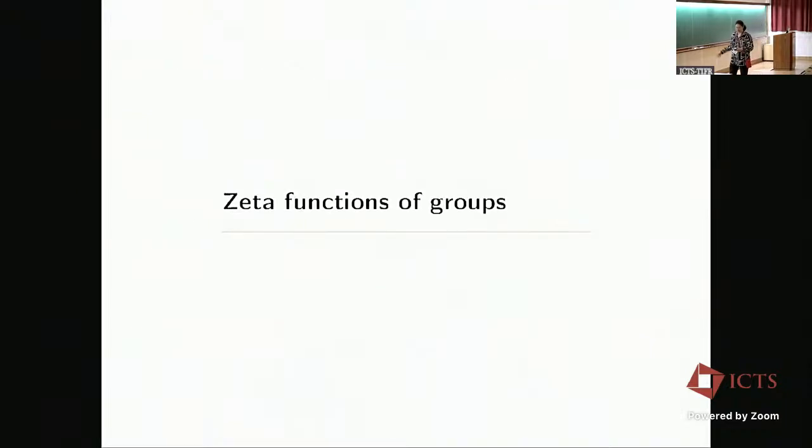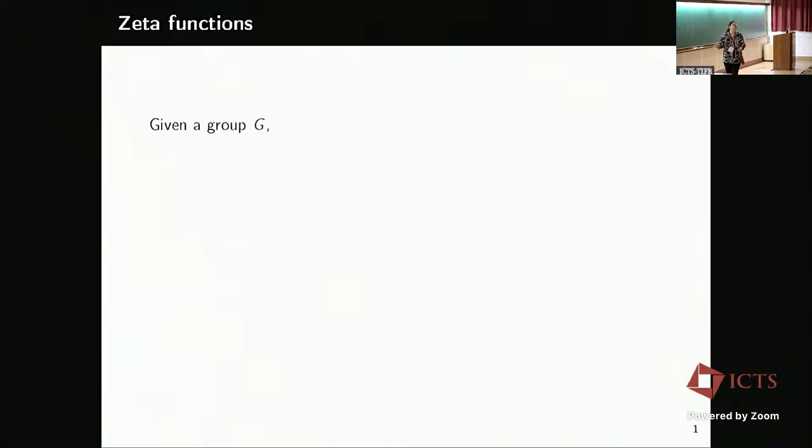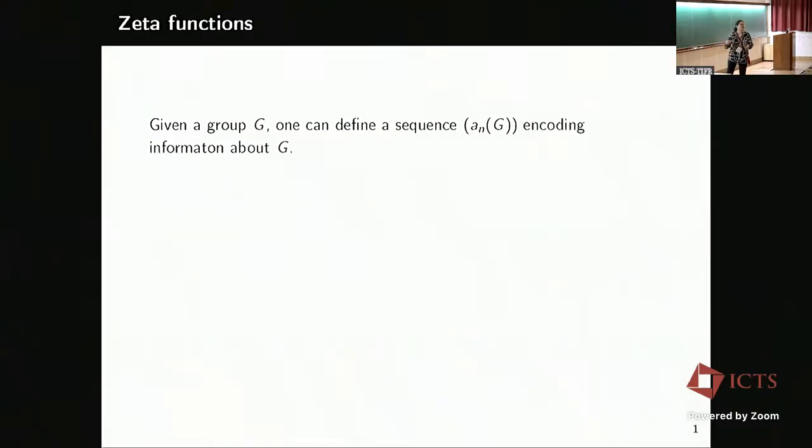Last week you learned about zeta functions, so I probably don't need to explain this, but I'll say it anyway. Michael also gave the same examples yesterday. If you have a group G, you might want to investigate some objects related to it. You can define a sequence a_n(G) that encodes some information.